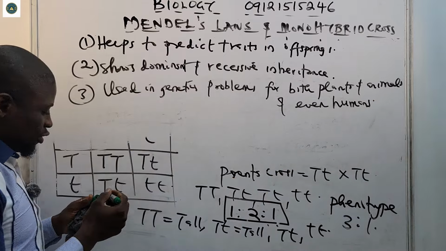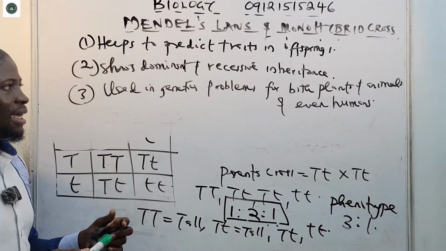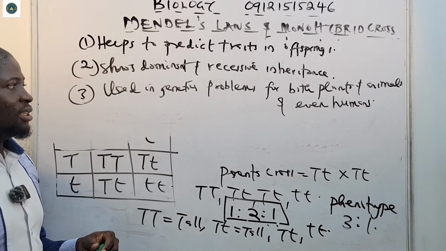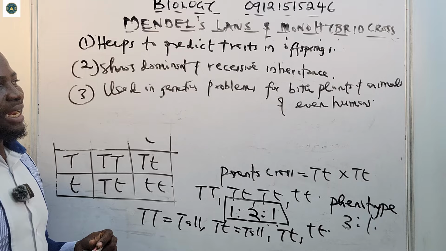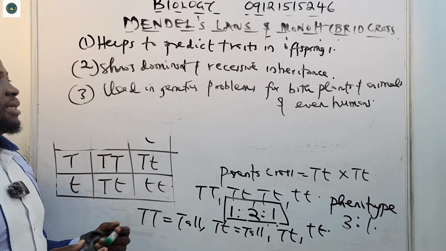So these are the usefulness of the Punnett Square: it helps to predict traits in offspring, shows dominant and recessive inheritance, and is used in genetics problems for both plants and animals, as well as even humans. Please take note of all of that.